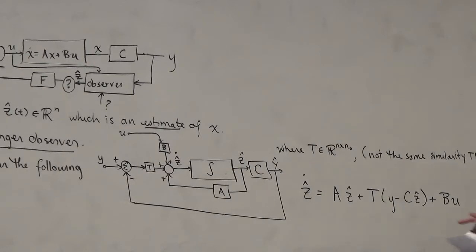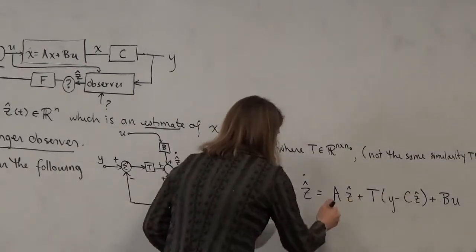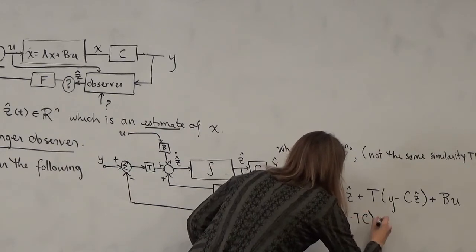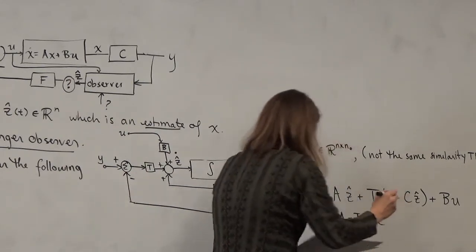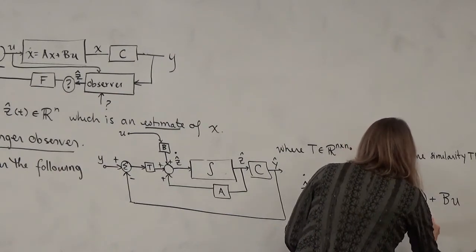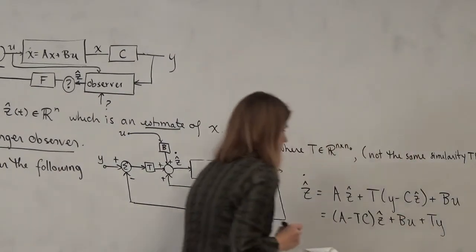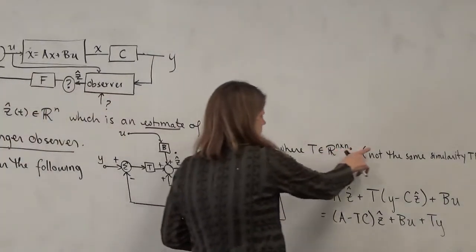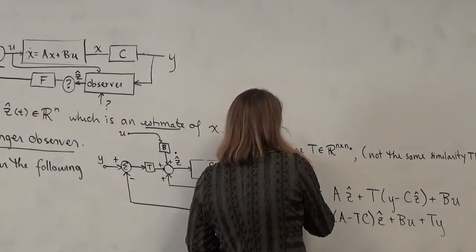And actually now we can collect up the z hat, so that's (A minus TC) z hat plus T y plus B u, where T is an n by n_out matrix, not the same one we had before, and it's to be designed.